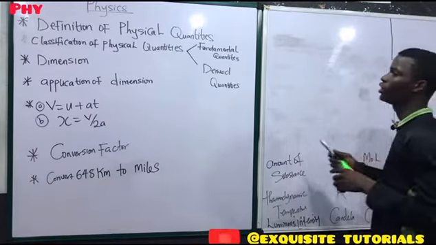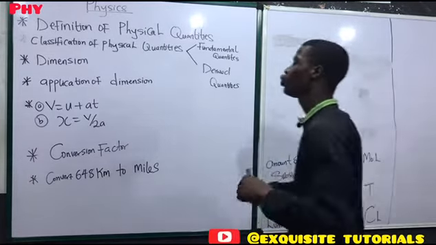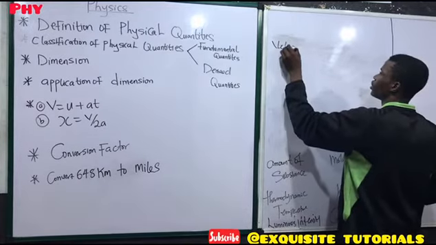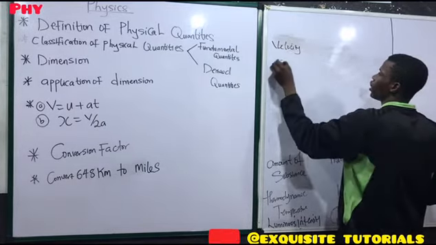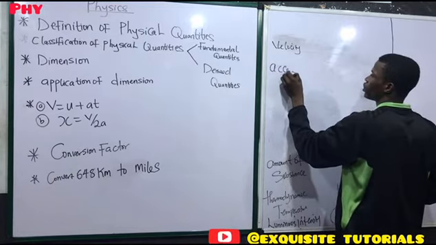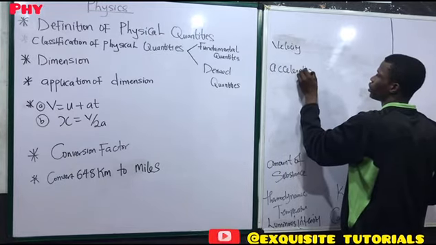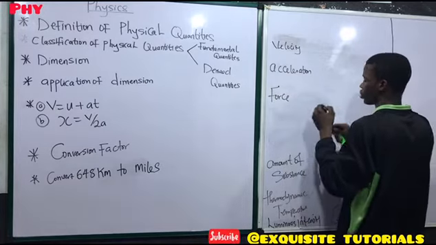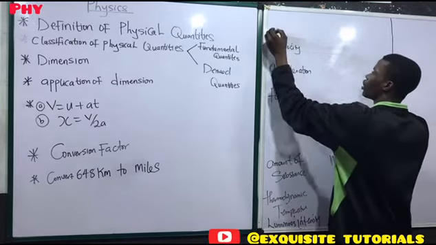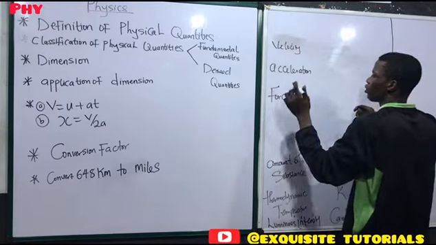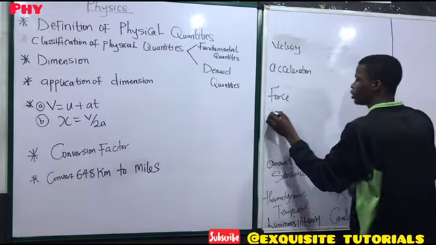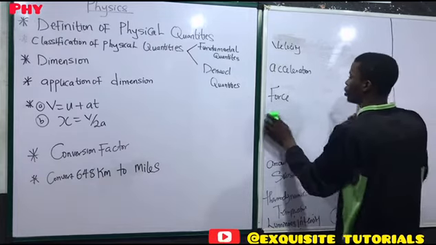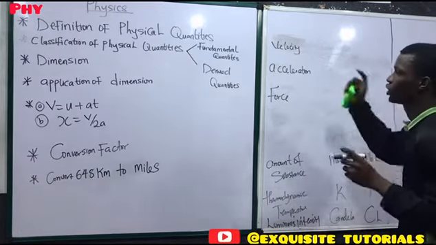Examples are our velocity, our acceleration, our force, and our density. These three are okay; let's just fix on these first.